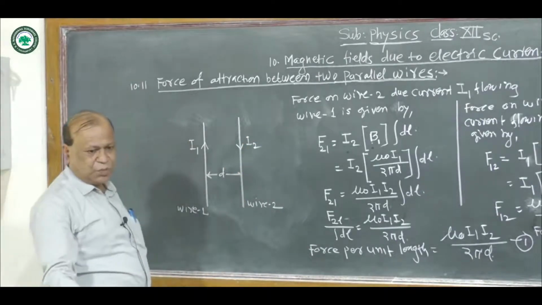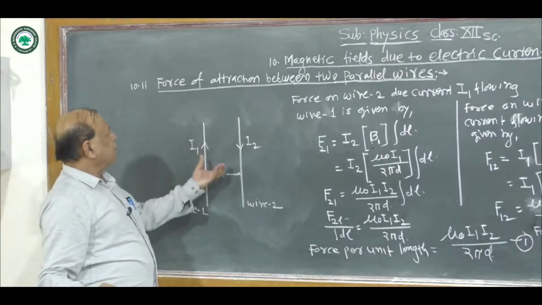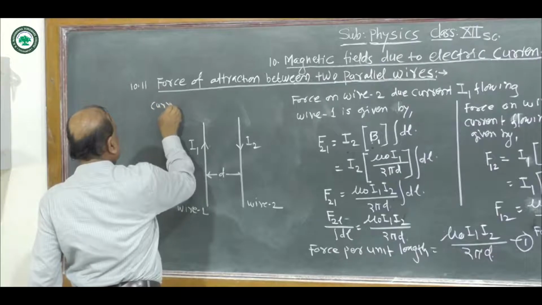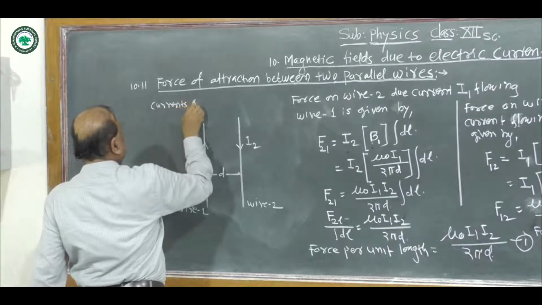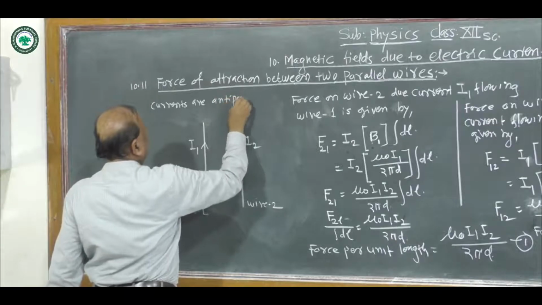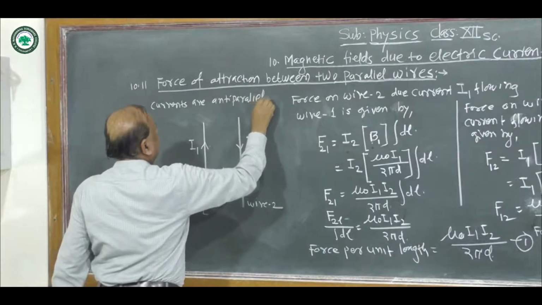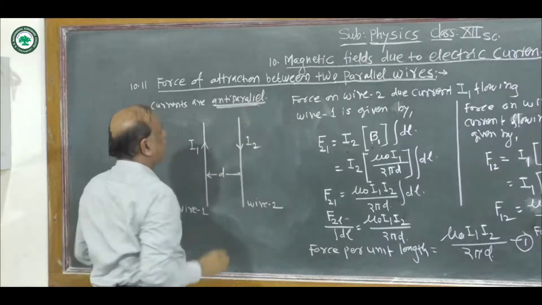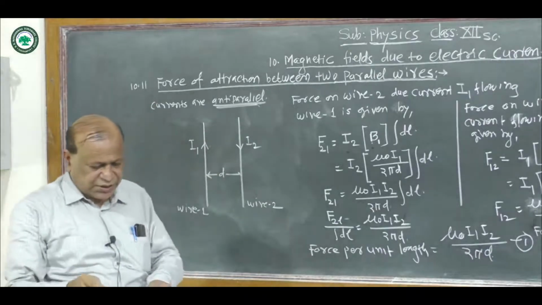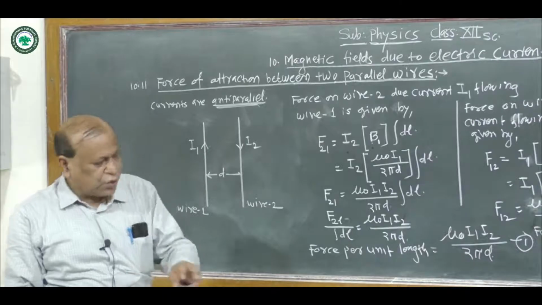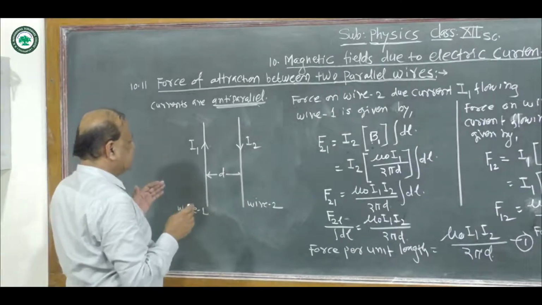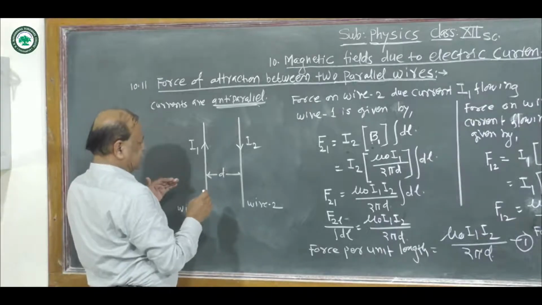Here the directions are anti-parallel, and now according to the right hand rule, the directions of current are like this.